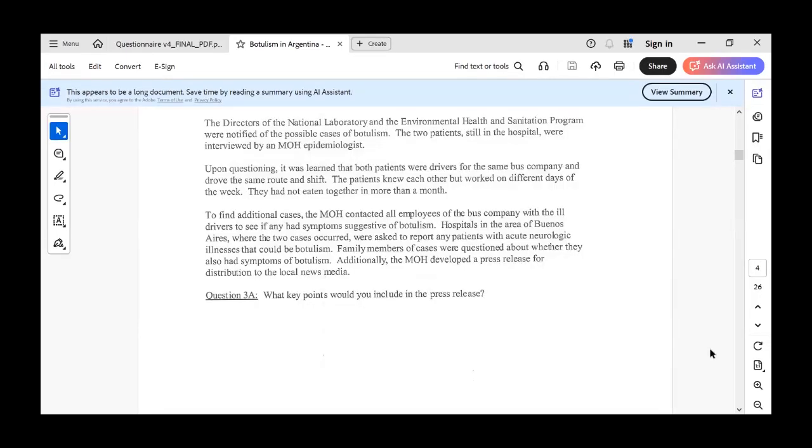where, when, who, what, why. So we said two cases, we said the signs and symptoms. We also should probably consider reassuring persons that it is being managed to prevent scare. So you want to say that if you have the problem, it can be managed, but you need to do what?